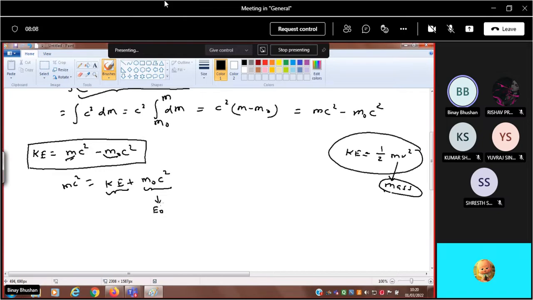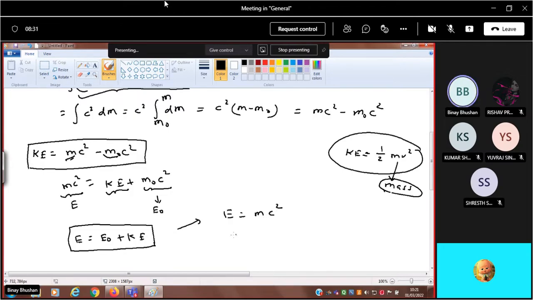But when the particle starts moving, it will have kinetic energy as well. So the total energy of a moving particle is this. So we write this expression as E equal to E naught plus kinetic energy, where E is the energy of a moving particle and E naught is the rest energy of the particle.